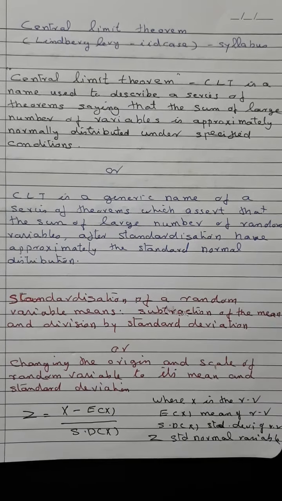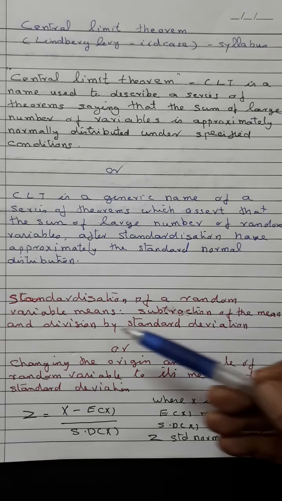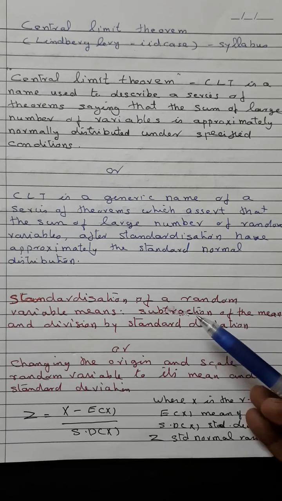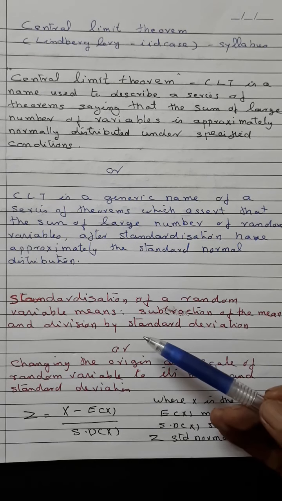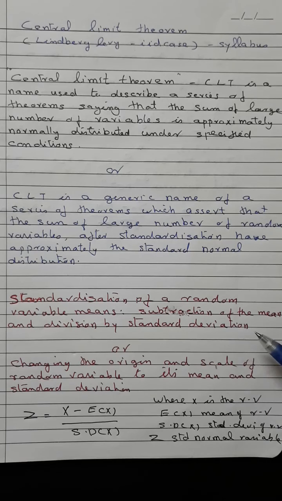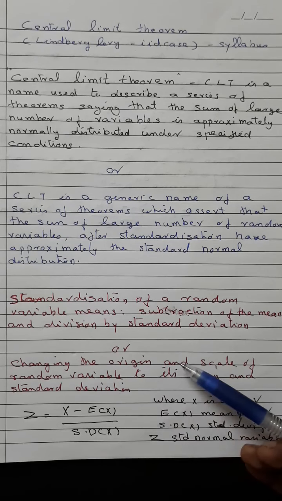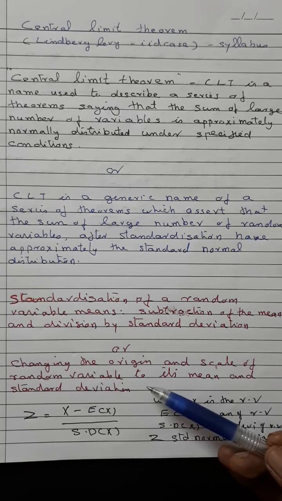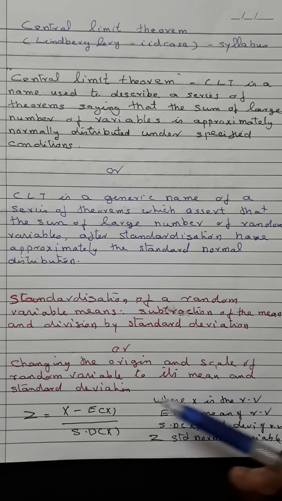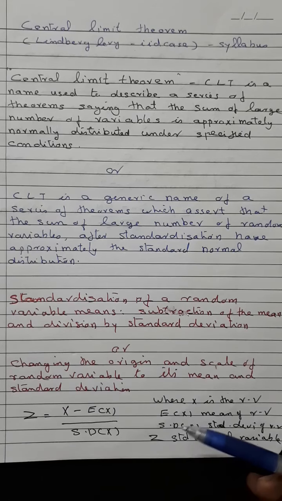Then what is meant by standardization? Just a quick review. Standardization of a random variable means that we are subtracting the mean from the random variable and dividing that difference by its standard deviation. Again, from basic statistics we can say it is changing the origin and scale of the random variable, here to its mean and standard deviation.